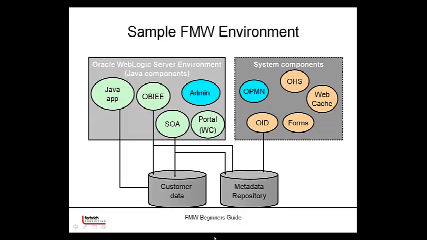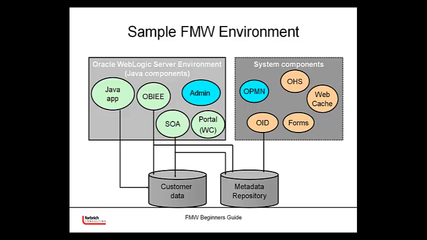So the Fusion middleware environment very largely looks like this. We will have on the one side, over on this side here, the Weblogic server environments. These are Java components where we'll have the pure Java applications and the primary administrative console, admin.